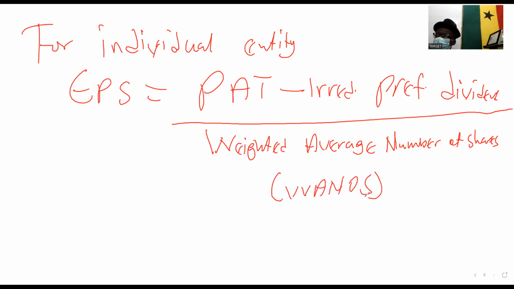So for the individual financial statement, that is the straight formula that we have to use.